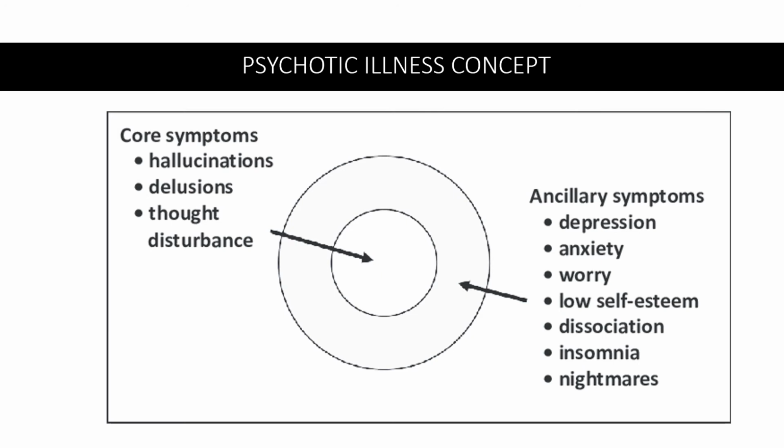The underlying way that someone is thinking is abnormal. Okay? And then there are other symptoms around those core symptoms, such as depression, anxiety, insomnia, and nightmares. Those aren't the core symptoms of schizophrenia, but they are other symptoms and signs that can occur due to the schizophrenia.